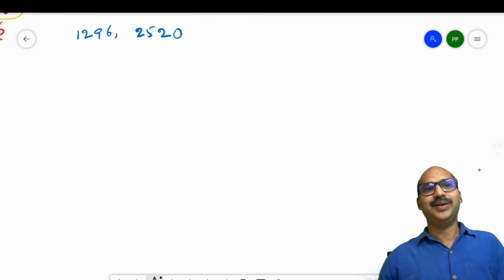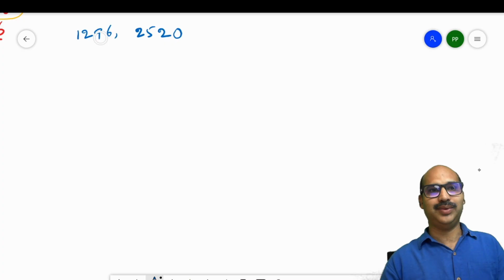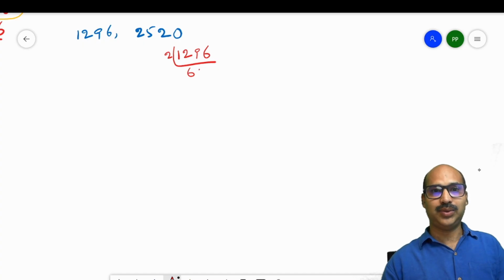Given numbers are 1296 and 2520. Let us factorize this. Let us factorize 1296. 2 6s are 12, 2 4s are 8, 1 6, 2 8s are 16. 2 3s are 6, 2 2s are 4, 2 1s are 2, 2 6s are 12 and 2 2s are 4.